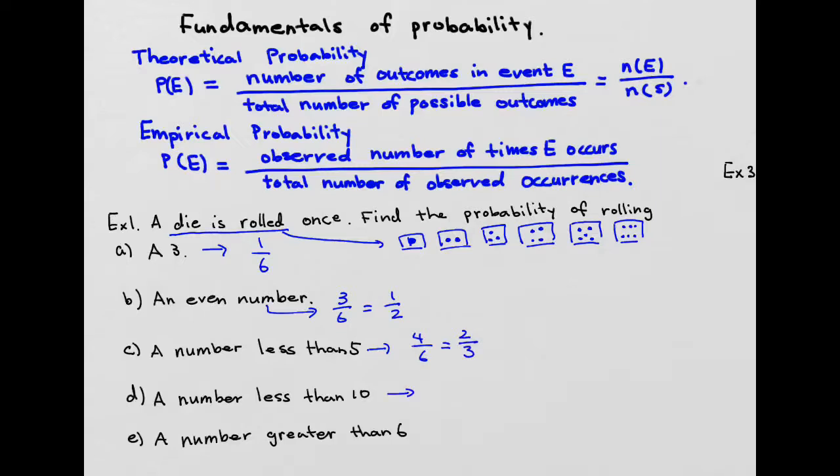What about the probability of rolling a number less than 10? If you're looking at the possible outcomes, they're all less than 10. So it could happen 6 times out of 6, which is 1. And 1 is the biggest number when it comes to probabilities.